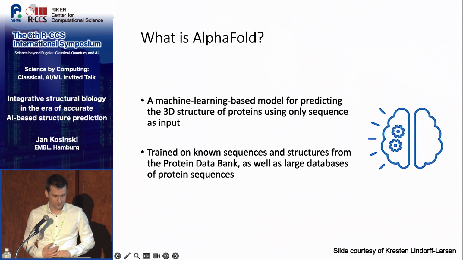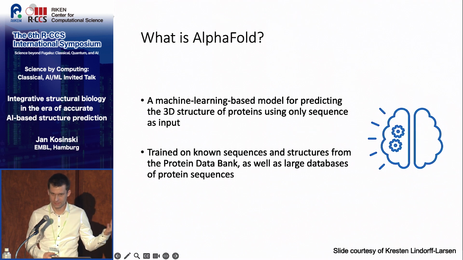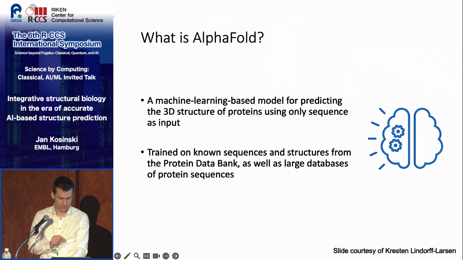What is AlphaFold? AlphaFold is a machine learning-based model for predicting the 3D structure of proteins using only sequence. It has been trained on previously published experimental structures collected in our database, which is called the Protein Data Bank, as well as using large databases of just protein sequences, even if the structure was not known.